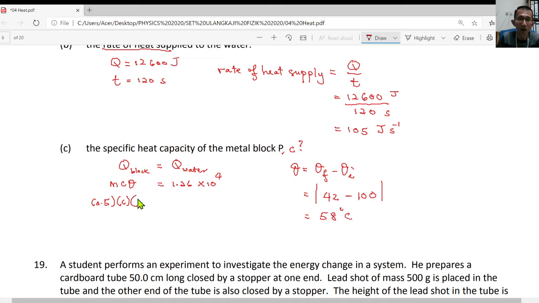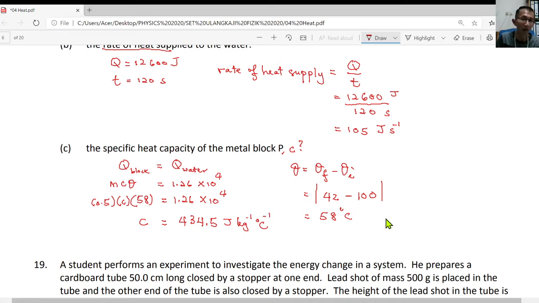So I put my theta here to be 58, equals 1.26 times 10 to the power of 4. Calculate your c, and you should get 434.5 joule per kilogram per degree Celsius. That is the specific heat capacity of the metal block.